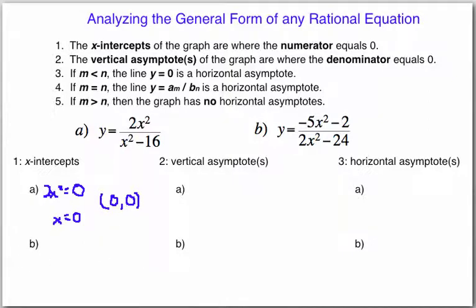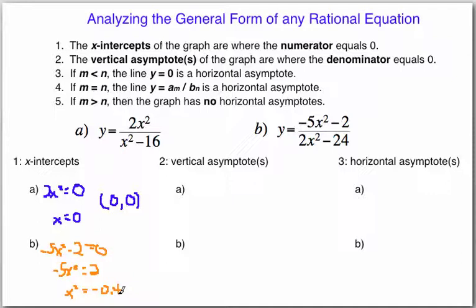Now let's go ahead and do the exact same thing for b here. We're going to take our numerator and set it equal to 0, so negative 5x squared minus 2 equals 0. We would add 2 to both sides, and we get negative 5x squared equals positive 2. Then when you divide both sides by negative 5, you end up with x squared equals negative 0.4.